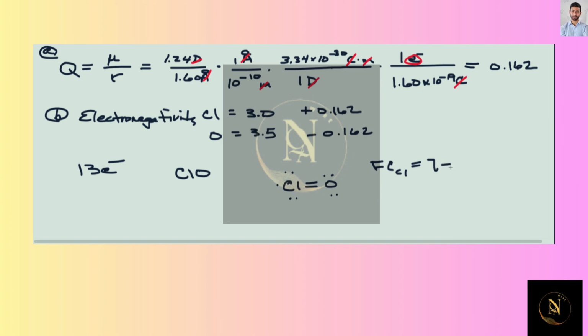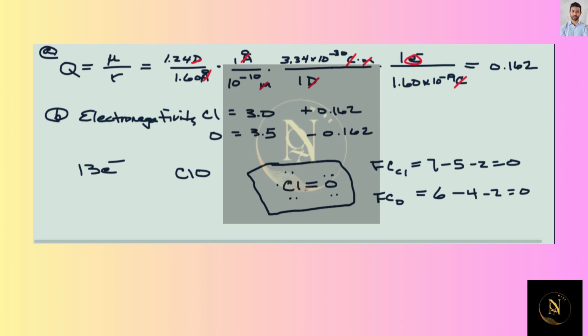We get 7 valence electrons minus 5 lone electrons minus 2 bonds. Formal charge is 0. And if we do formal charge for oxygen, we have 6 valence electrons, we have 4 lone electrons, and we have 2 bonds. So it's also 0. So this structure would be the predominant structure that you should find for ClO.